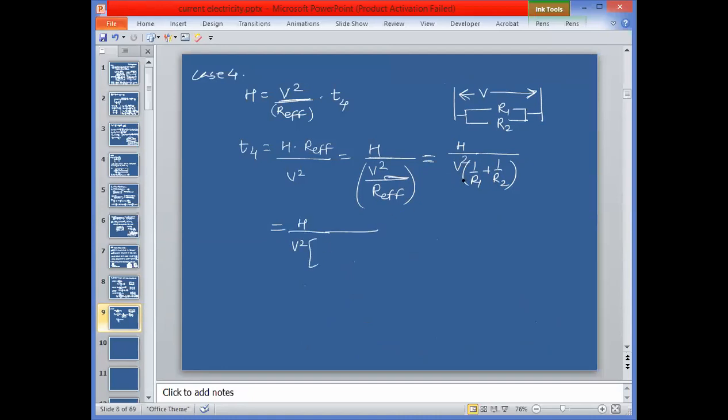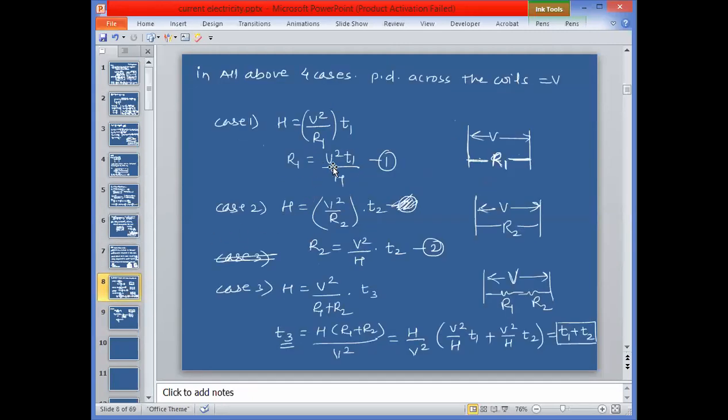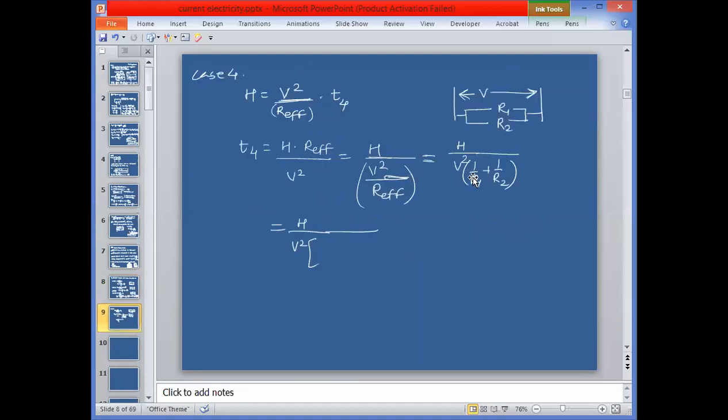In the bracket, 1 by R1. What is R1? R1 is V square T1 upon H, so that upon H will go in the numerator. And what will be R2?